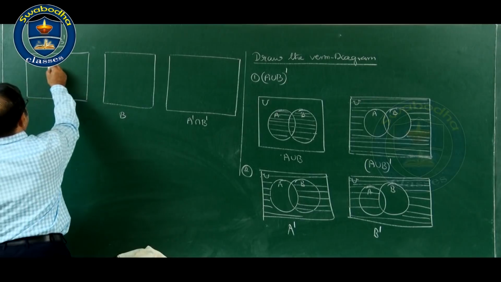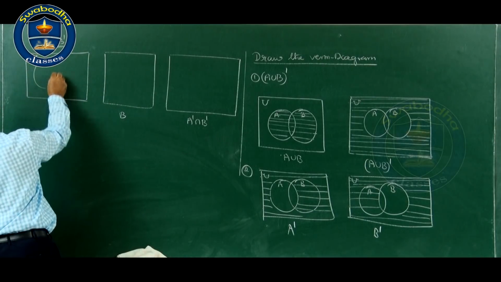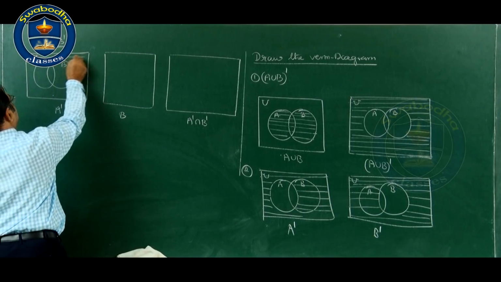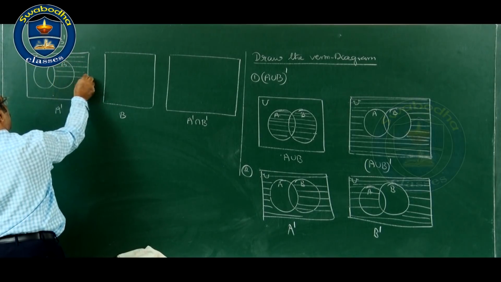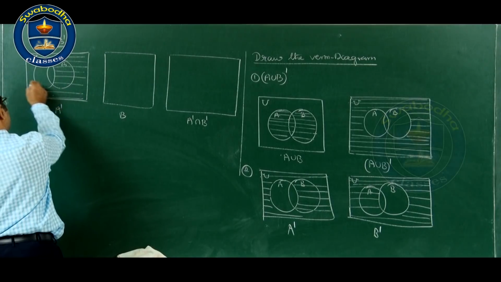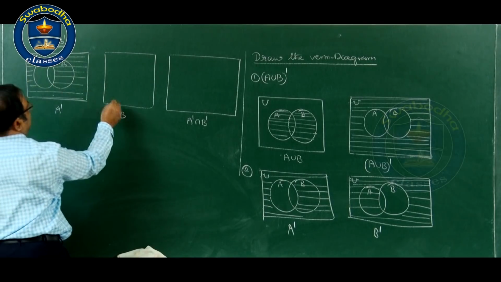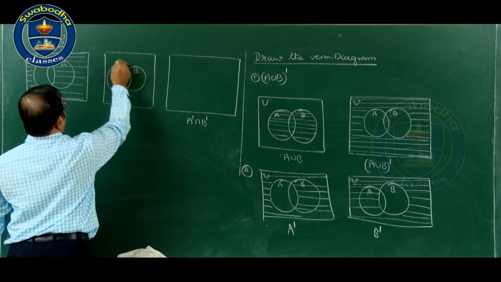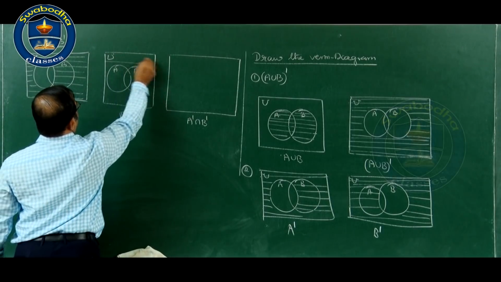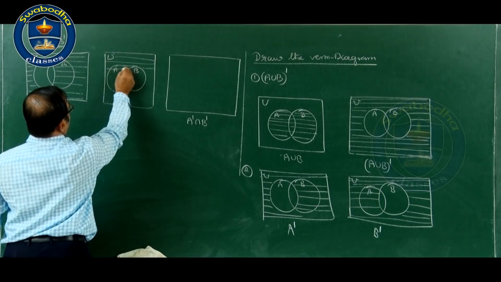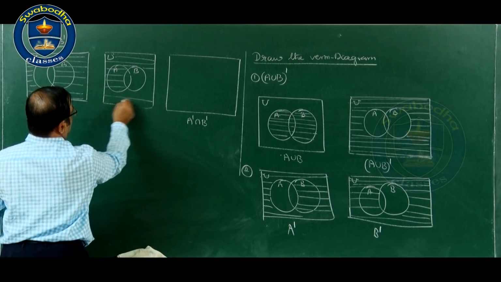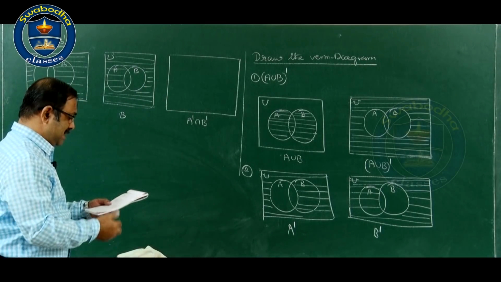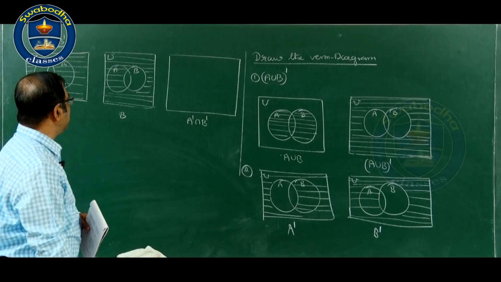See, A complement: this is U, this is A, B. A complement. Then B complement. What is A complement intersection B complement?